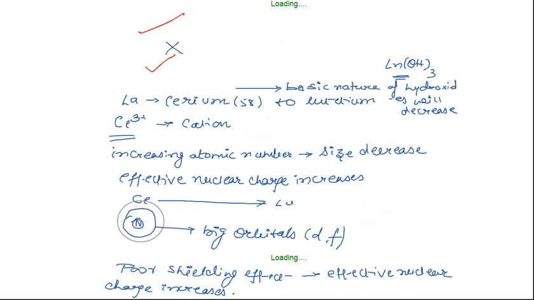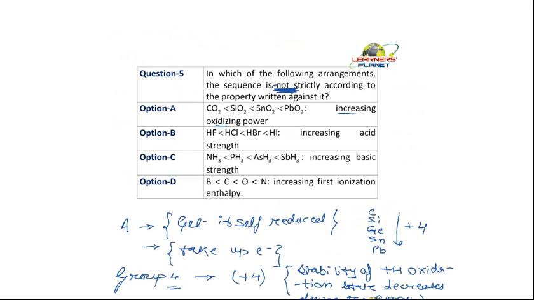So let's check with the question. NH3 is less basic than PH3, then AsH3, then SbH3. The order should have been reversed. That is, your NH3 should be more basic than PH3, should be more basic than AsH3, and it should be more basic than SbH3.